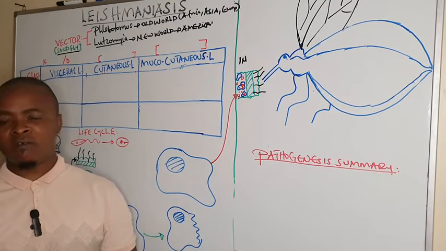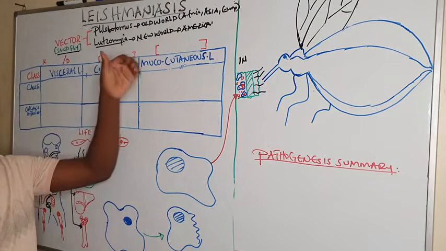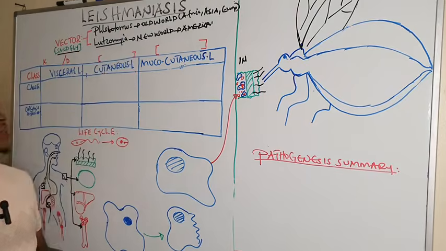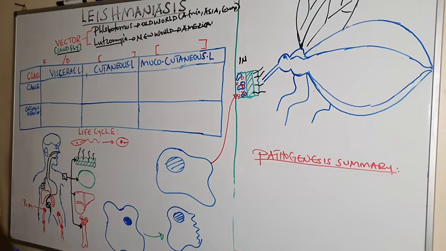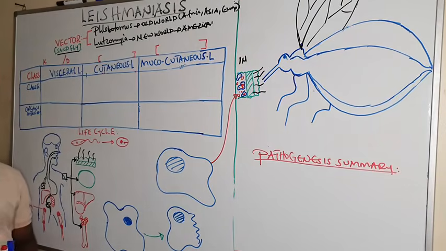All those are some of the species of phlebotomers which are acting as the intermediate hosts for these Leishmaniasis parasites.